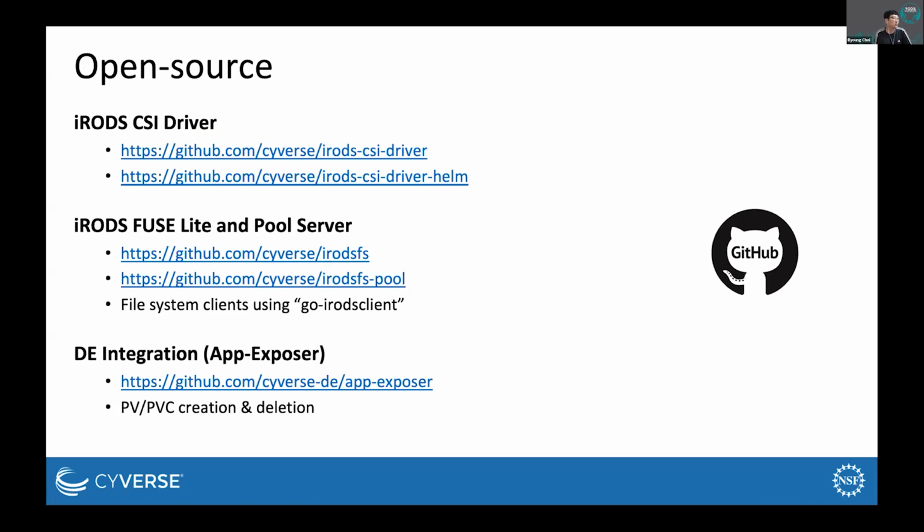We share the source code of the iRODS CSI driver, iRODS Fuse Lite, and the iRODS Fuse Lite pool server publicly via GitHub, so you can find the source code of them. And we also share the integration code that is in the app exposure source repository.